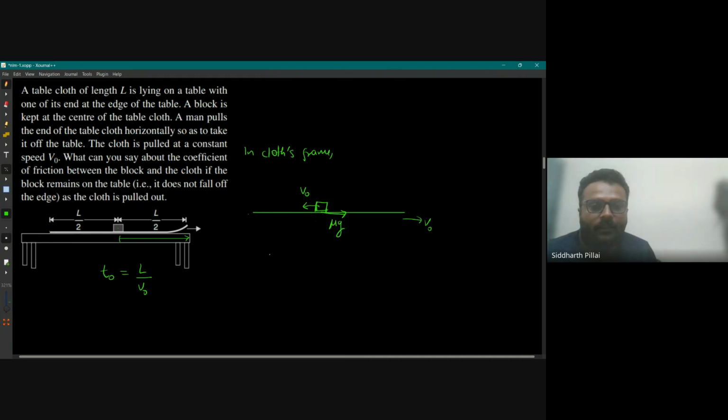So we can write down its distance is V naught into T naught minus half mu G into T naught square. This distance should be less than or equal to L by 2.